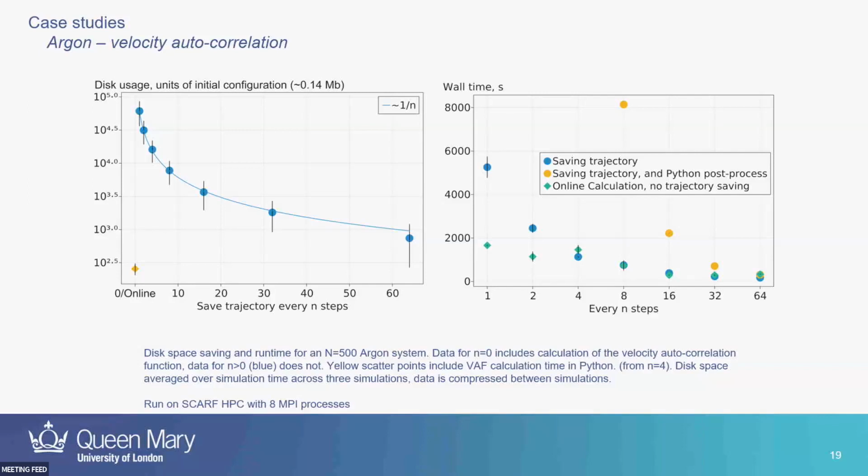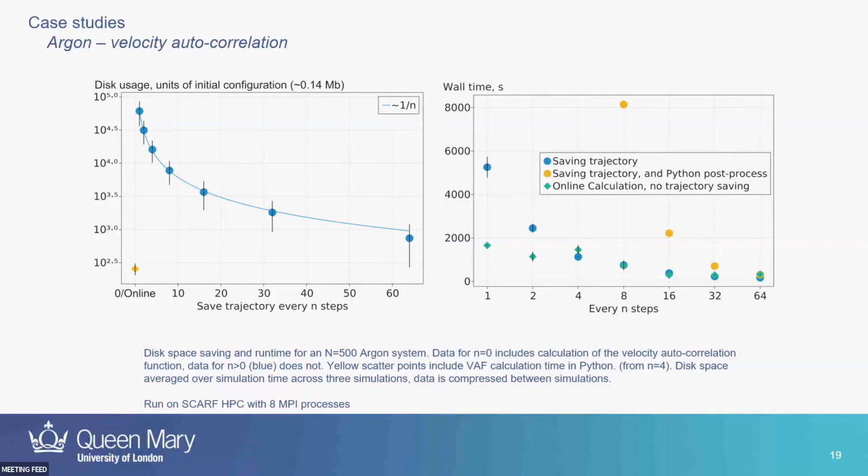On the left here, I have a comparison of calculating the VAF after the simulation is run, so we store the trajectory and then calculate the VAF, compared to the online calculation, which doesn't store data except for the initial configuration. That's in terms of disk usage, and on the right in terms of runtime, to look at the potential runtime impact of the online calculation.